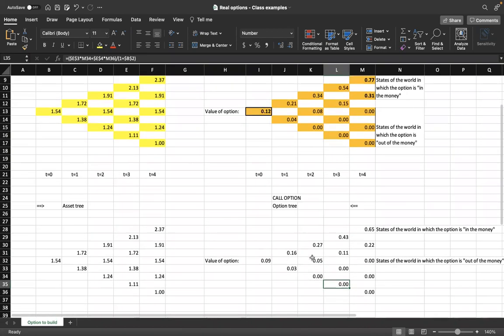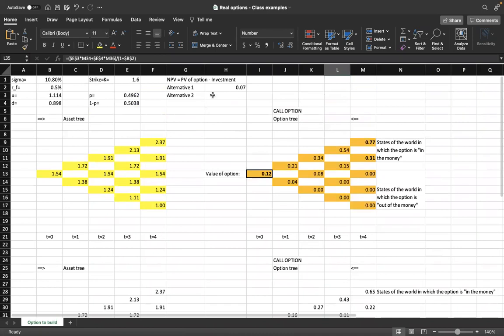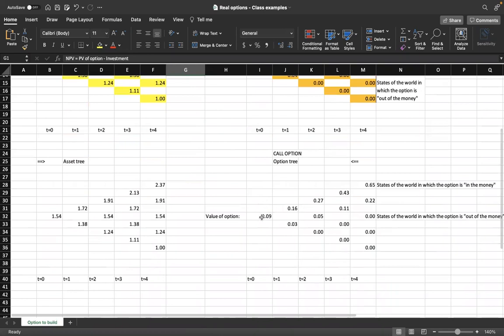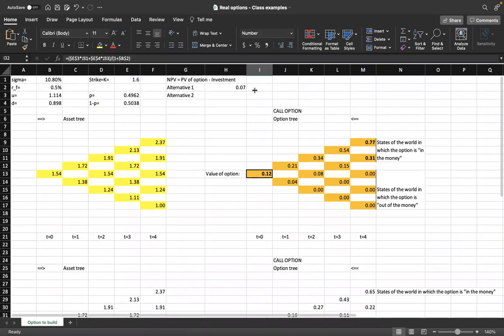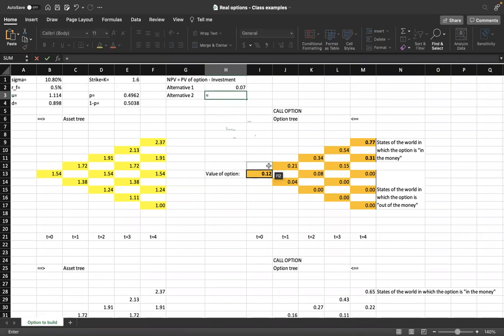So in this alternative two, it still equals the present value of the option minus investment. But in that case, alternative two lowers the present value of the option. As you can see, it only becomes 0.09 million, but it does not have initial investment. So the NPV is just 0.09 million.